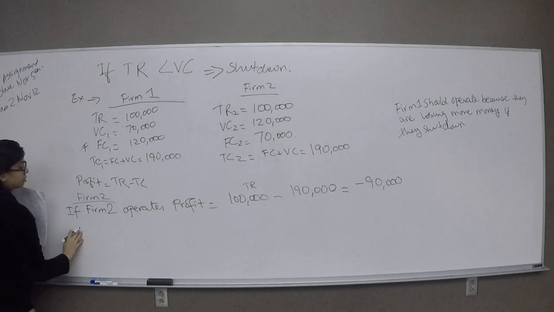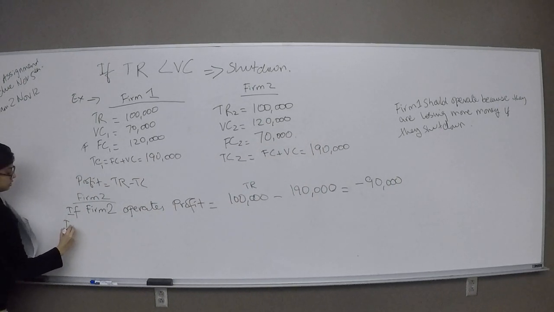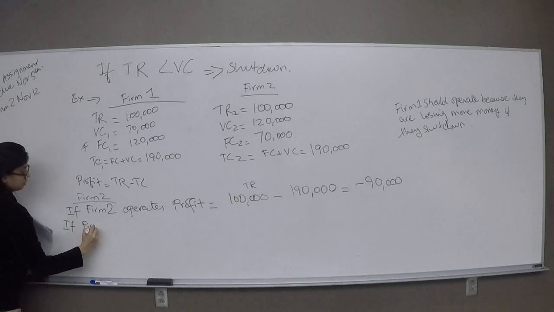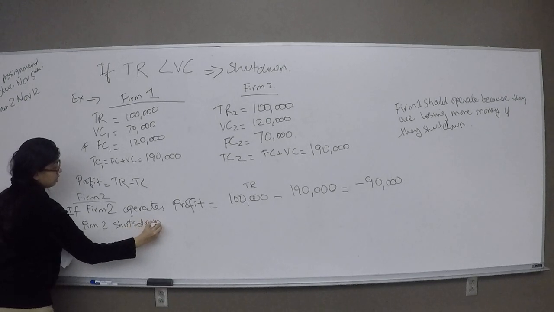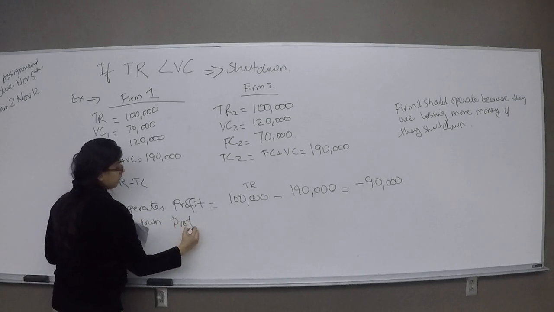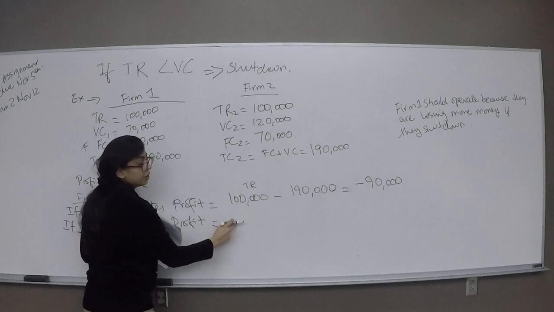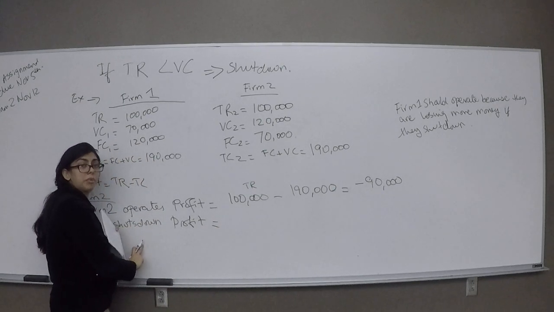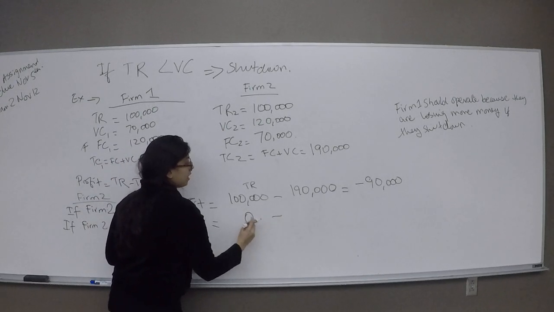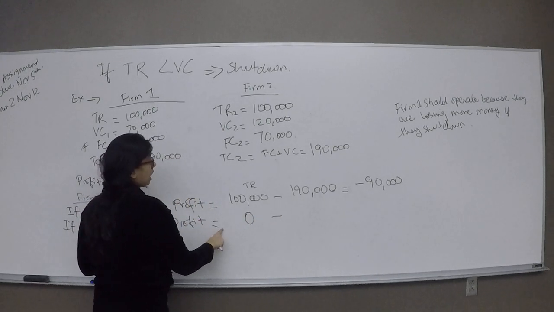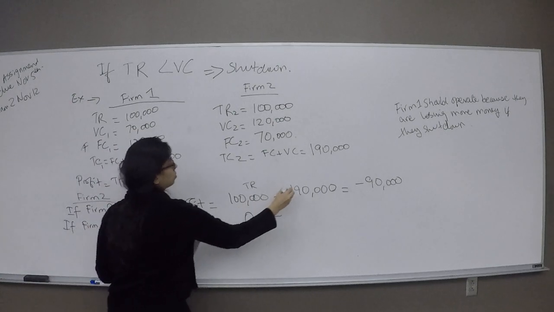If firm 2 shuts down, their profit would equal, total revenue would be what? If they shut down, the money coming in would be 0. And if they shut down, their total cost would be what?